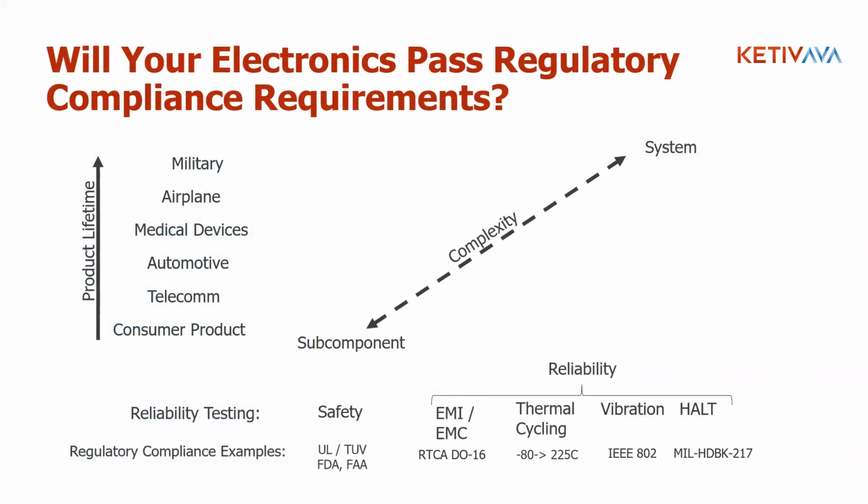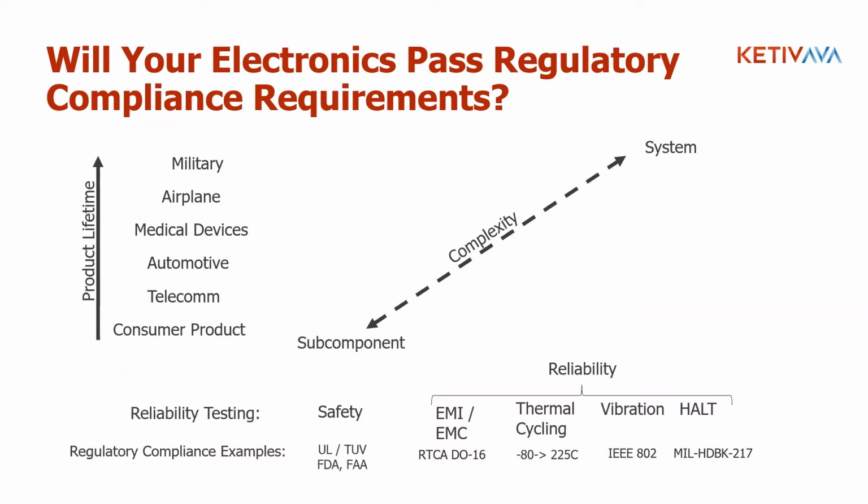And another key component of electronic reliability is, are you going to pass regulatory compliance requirements? So for some devices, especially where life is at risk or it's a high stakes situation, if I have an airplane, I need to make sure that that airplane flies, or I might have passengers.